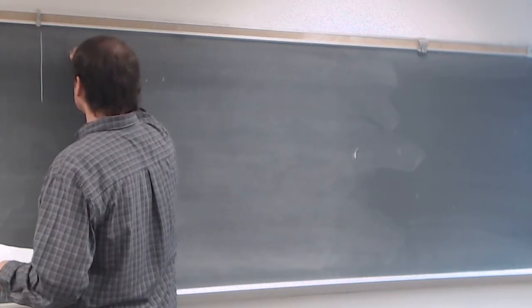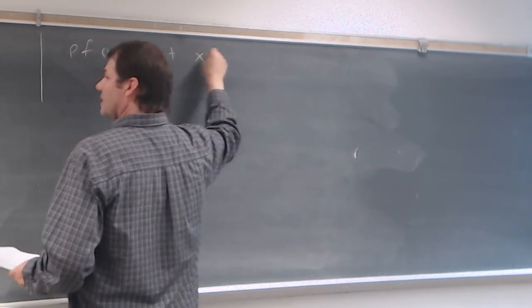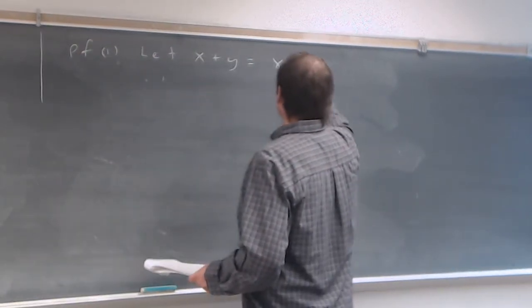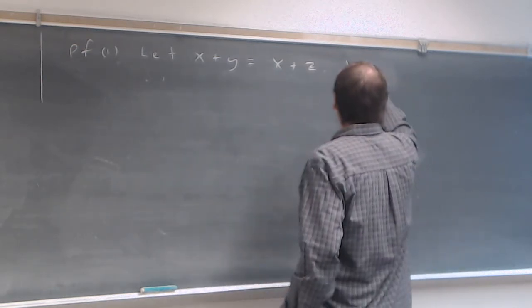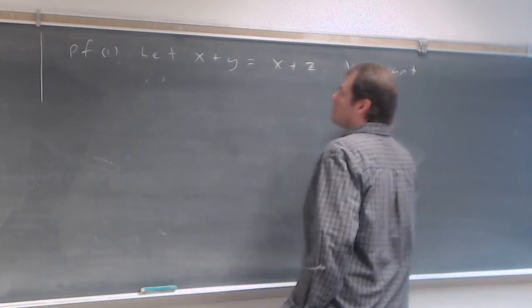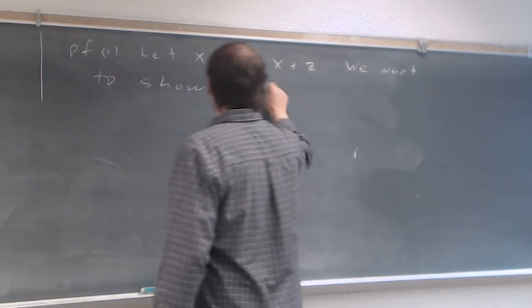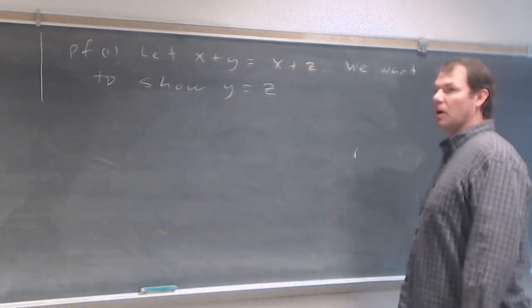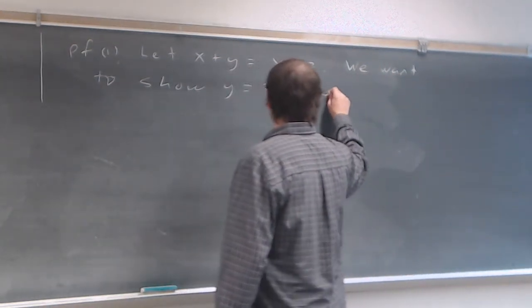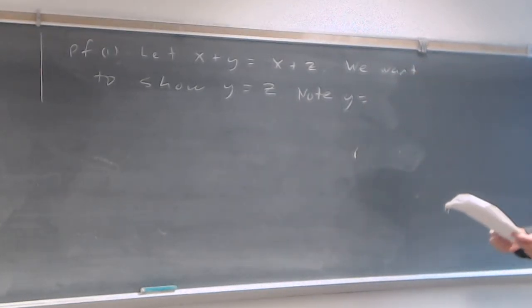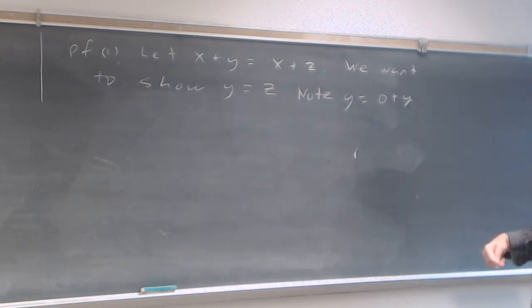So here, this is the proof. This is for 1. We're going to let X plus Y equal X plus Z. We want to show that Y equals Z in this case. And so the way we're going to do this is we're going to start off with Y, and what we're going to say is, well, Y is the same thing as 0 plus Y. So 0 plus anything is the anything.